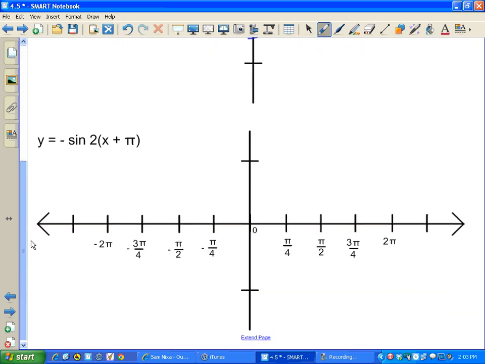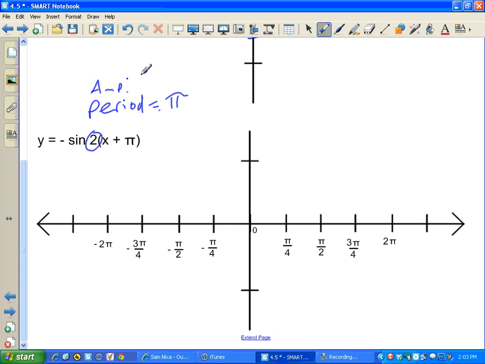Let's look at another one here. So my period here, oh, it has been changed. Okay, my period is getting divided by 2 again, so instead of 2 pi, it's going to be pi. My amplitude has not changed, but it's been flipped over.